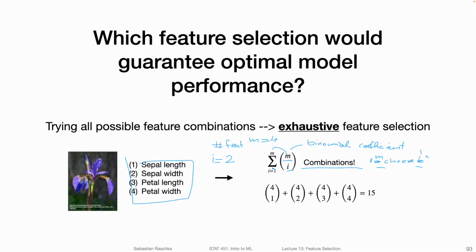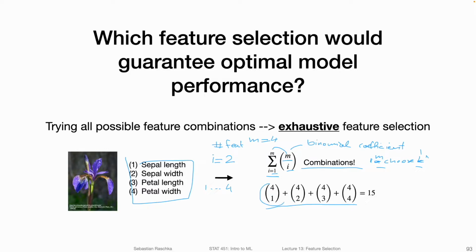And if we are interested in all possible subset sizes, so subset size 1 to 4, we actually have a sum here. So we consider selecting 1 feature, then we consider selecting a subset of 2 features, 3 features, 4 features. So this is illustrated here at the bottom.